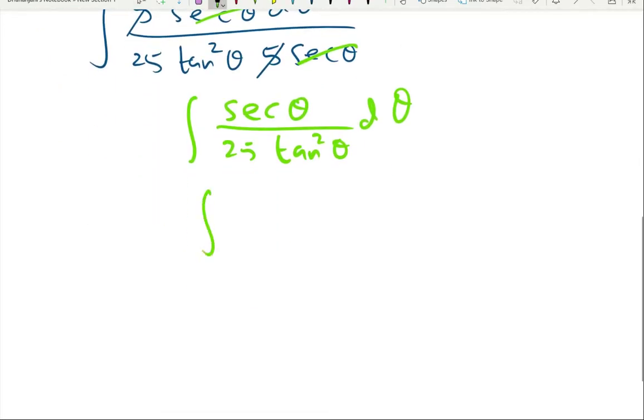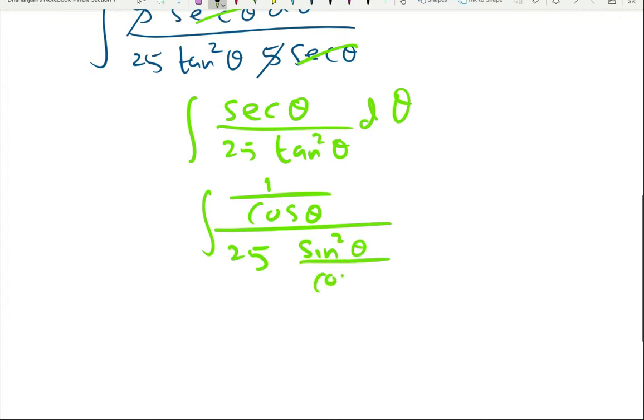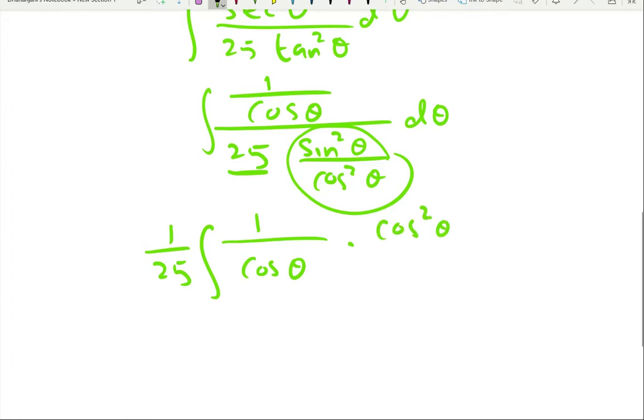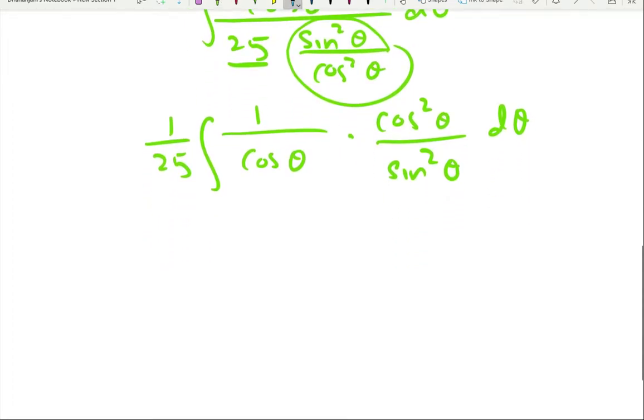So secant theta is 1 over cosine theta, over 25 tangent square theta, which is sine square theta over cosine square theta. Division here means reciprocal multiplication, so we can write this as 1 over cosine theta. Let's take this 25 outside the integral, and the reciprocal of this is cosine square theta over sine square theta d theta. We can cancel out a cosine theta, but one cosine theta is left, over sine square theta.